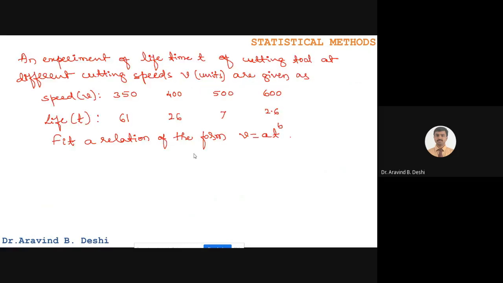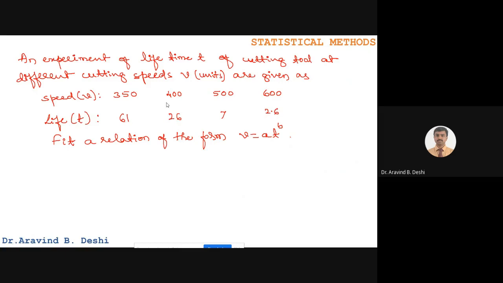An experiment on the lifetime t of a cutting tool at different cutting speeds v. The speeds are 350, 400, 500, and 600, and the lives t are 61, 26, 7, and 2.6.